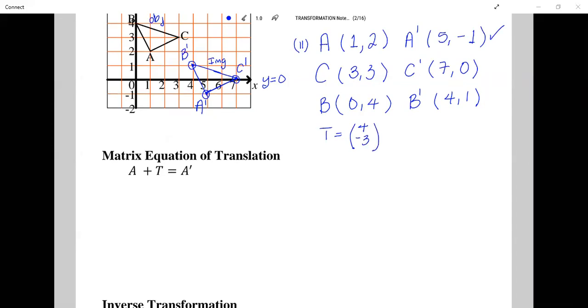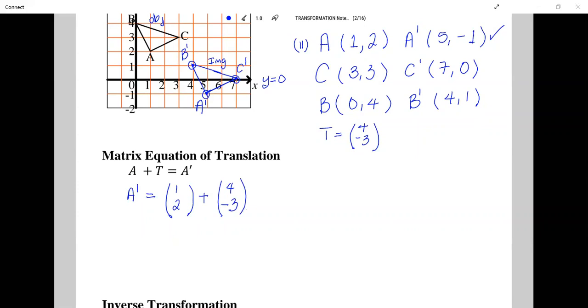What this is saying is that if I add A and T, I should get A prime. A prime, which we know is 5, 1 already. A is the point 1, 2, plus T, which is 4, minus 3, should give me A prime.